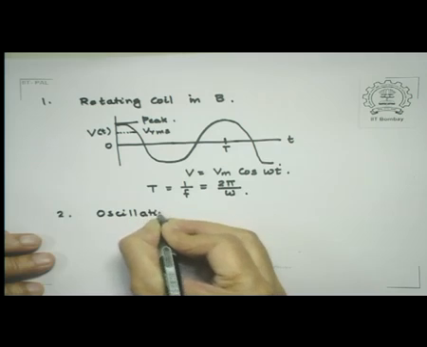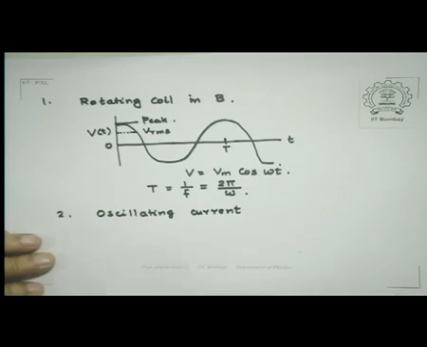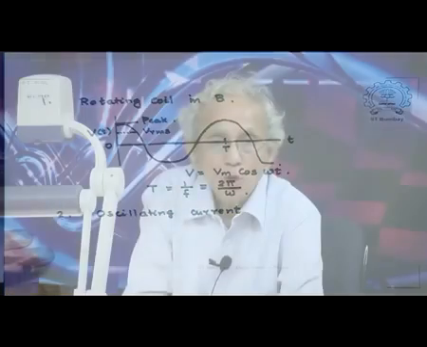Then we found that both oscillating EMF and the oscillating current may be represented as what we call a phasor.